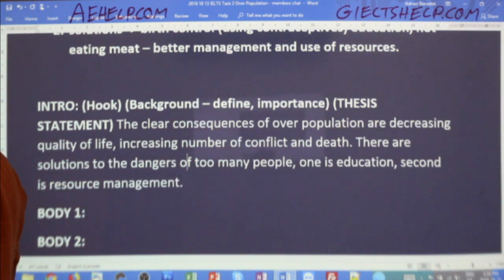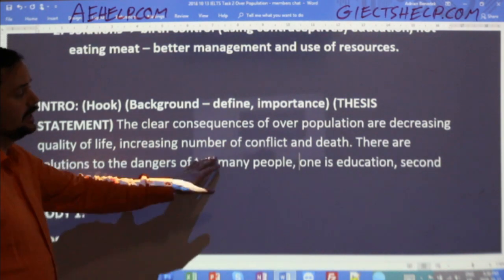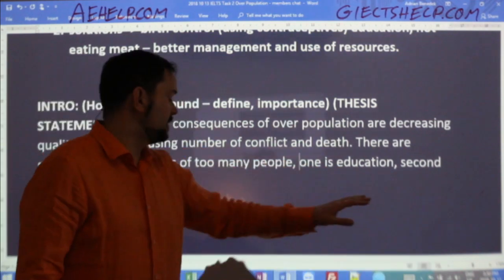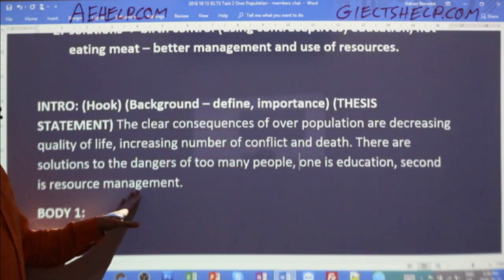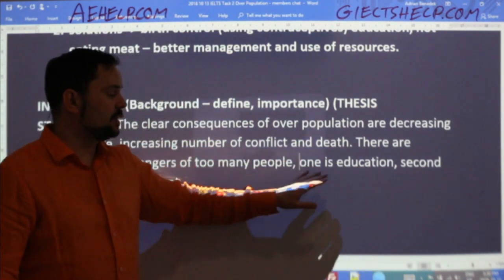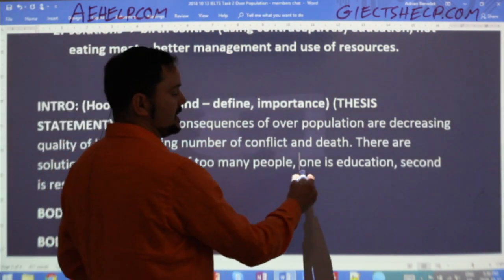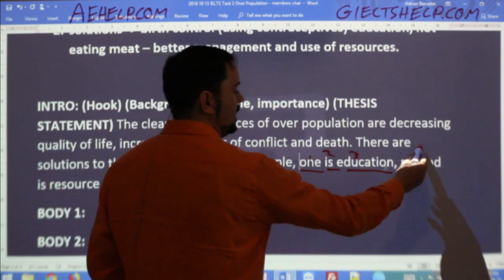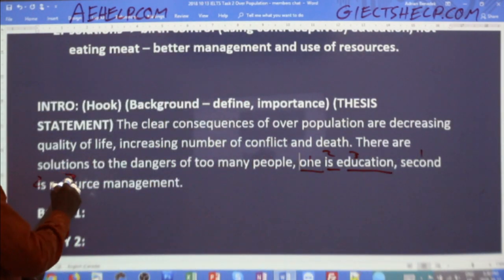Okay. One is, now here, notice that I can't leave it like this because the second part here says second is resource management, one is education. It's not parallel grammar because I have 1, 2, 3 words here. Okay, 1, 2, 3, and here I have 1, 2, 3, 4.